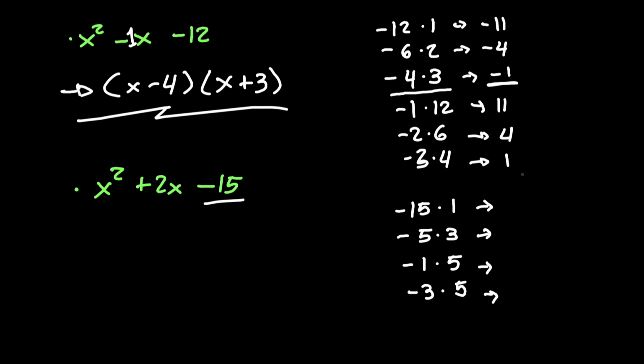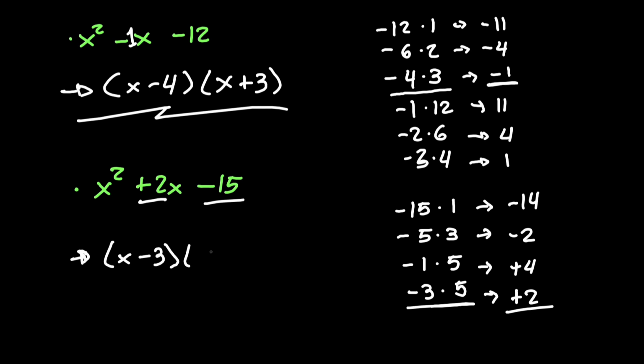Negative 15 plus 1 would be negative 14. Negative 5 plus 3 would be negative 2. Negative 1 plus 5 would be positive 4, and negative 3 plus 5 would be positive 2. So what we're finding here is positive 2. So these will be the factors of it. So the answer would be x minus 3 multiplied by x plus 5.